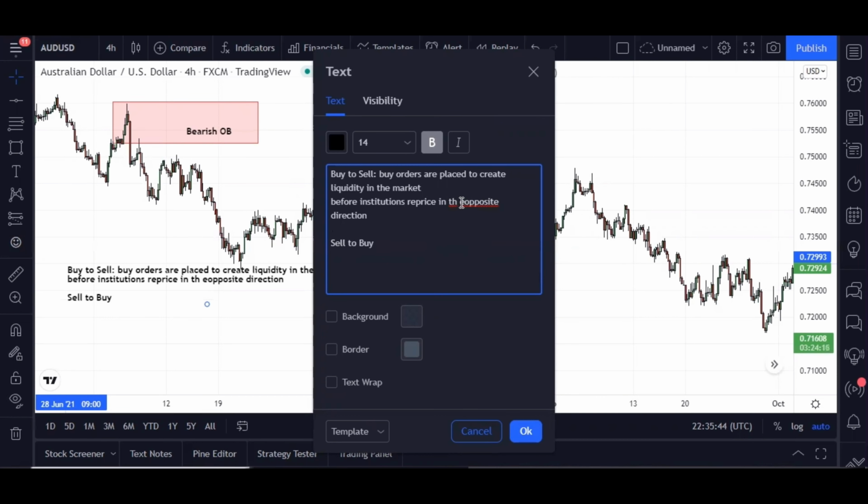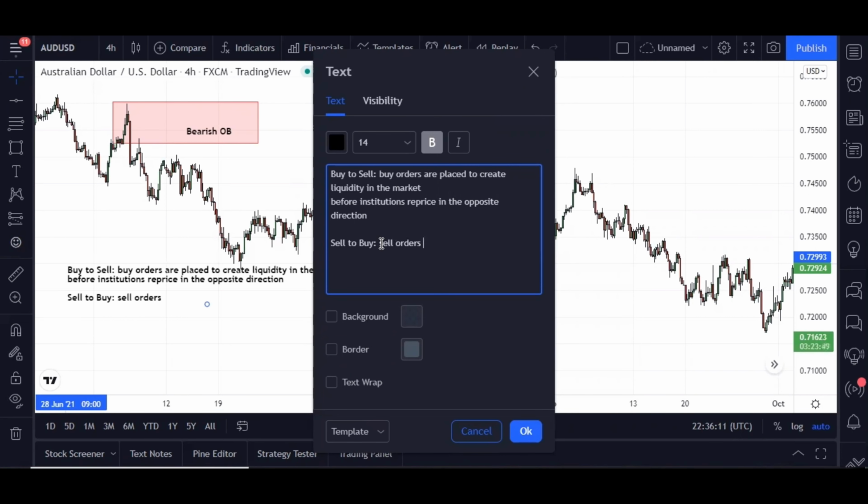Now, I know some people will look at this and will say, what? That doesn't even make sense. But guess what? It's not supposed to make sense. Remember that these central banks and the interbank traders are diametrically opposed to retail traders and retail trading concepts. They do not trade like us retail traders. They buy to sell and they sell to buy.